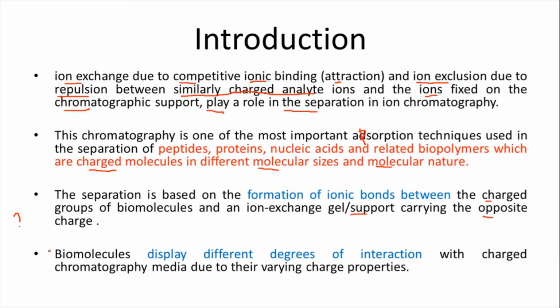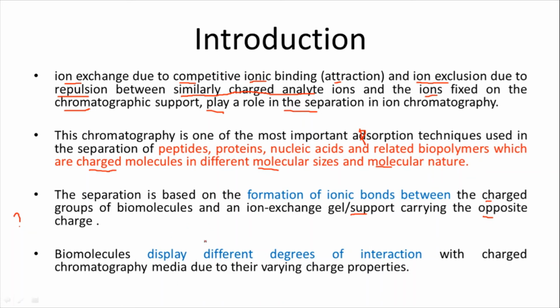But in the case of gel permeation chromatography, we do not separate to that level. So please keep in mind that this chromatography is more important and has added advantages over the other chromatography techniques. This separation is achieved based on the charge and polarity of the molecules.